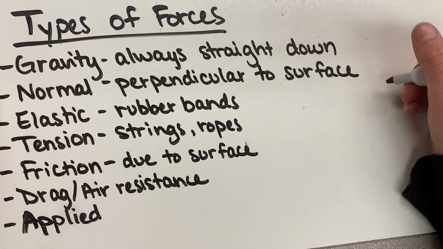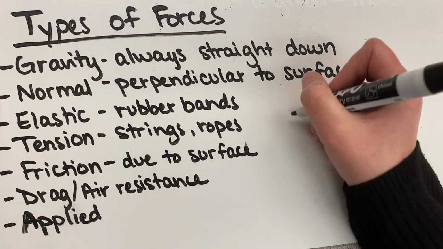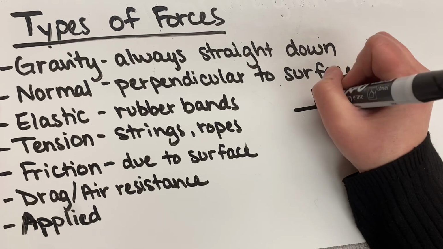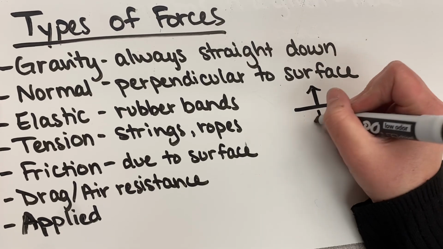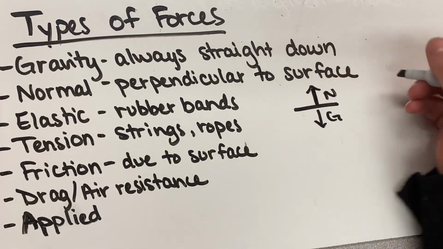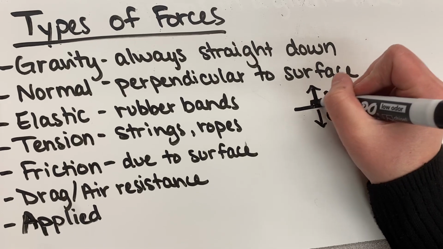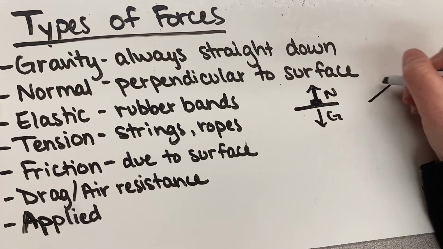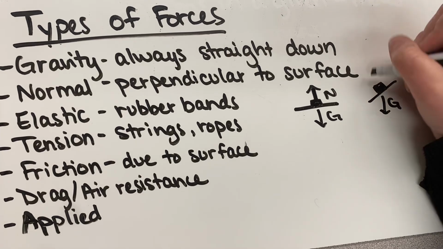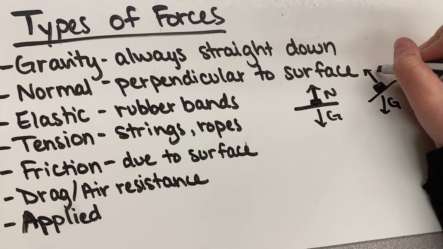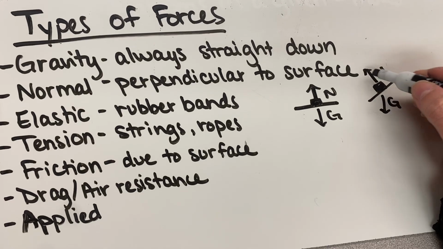So if you have a flat surface, I'm just going to draw this down here. If you have a flat surface, your normal is going to go upward and your gravity would be downward. So if I had a box on there. And then if I have a slanted surface, my gravity would be straight down still, but my normal is going to be perpendicular to the surface.